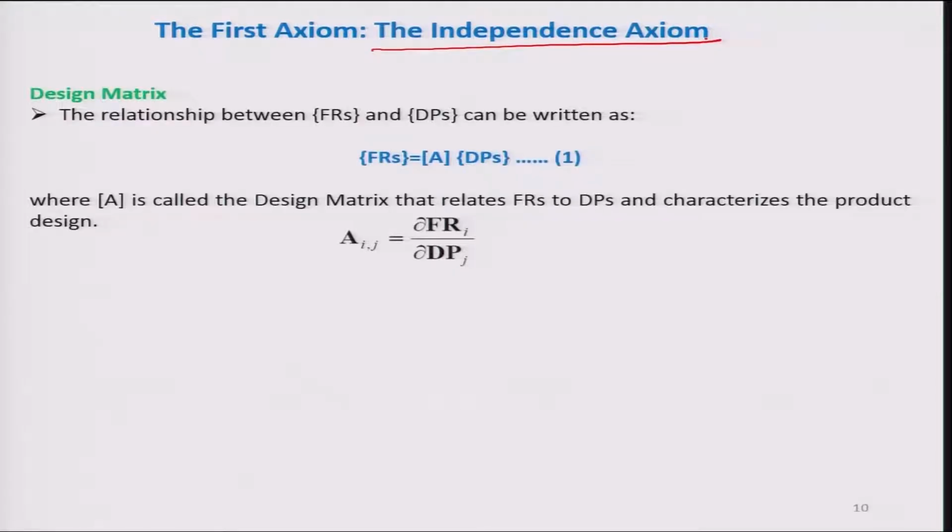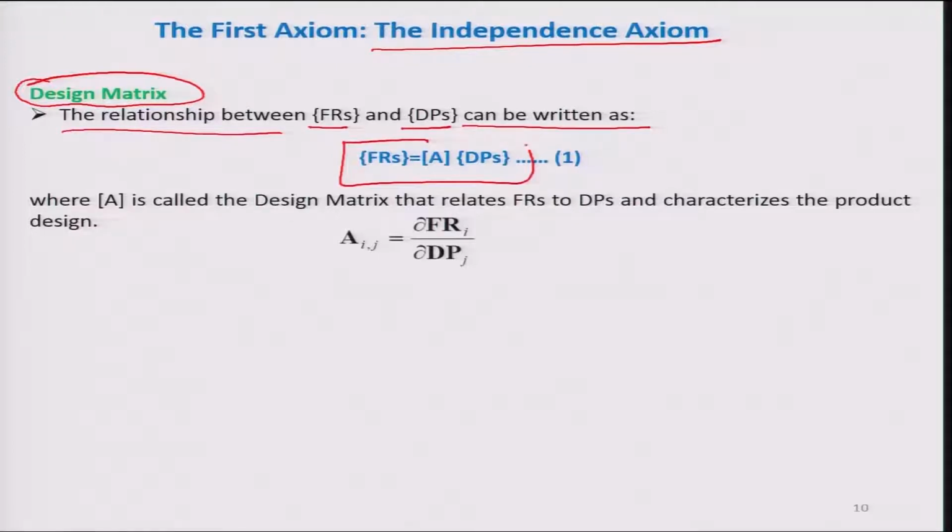For any axiomatic design process, first you will have to make a design matrix, the formation of the design matrix. So what is the design matrix? It is the relationship between your functional requirements and designing parameters, and that can be written in matrix form: FRs is equal to A into DPs, where A is called the design matrix that relates functional requirements and designing parameters.